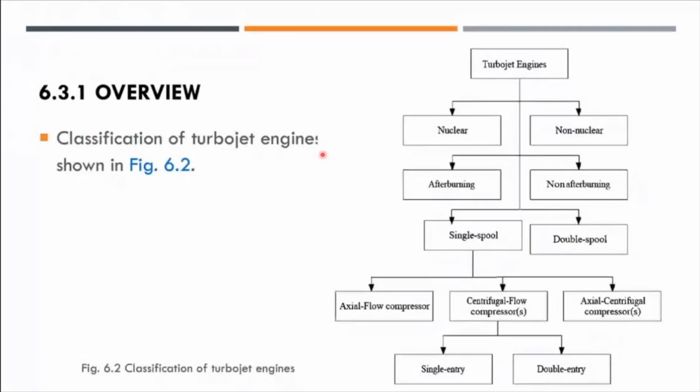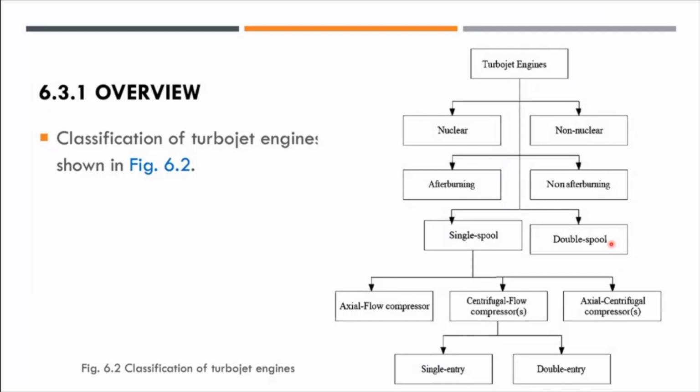Let us look into the classification of a turbojet engine. We have already touched a little bit on this when we first introduced this course, I believe in lecture number 1. The family of turbojet engines can be divided, at the first layer, into whether it is a nuclear type of power source or non-nuclear, whether the engine has an afterburner or non-afterburner section, and whether it is a single spool or a double spool.